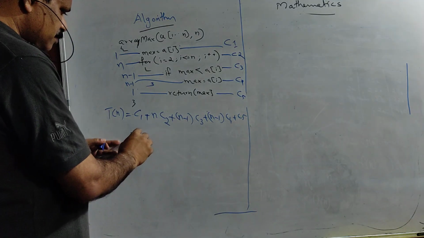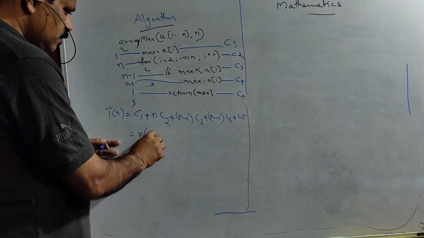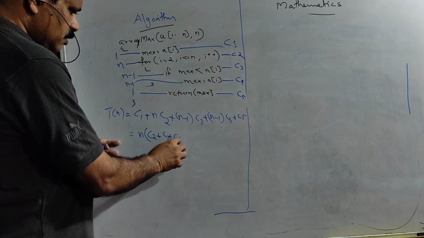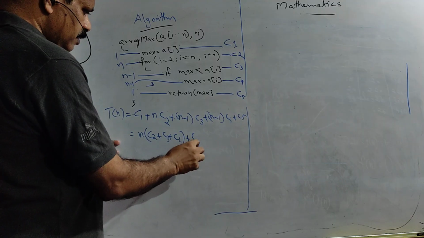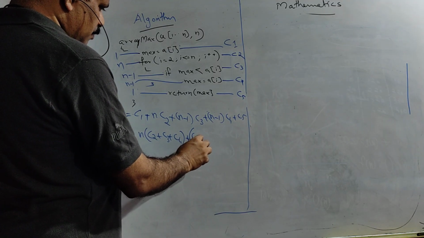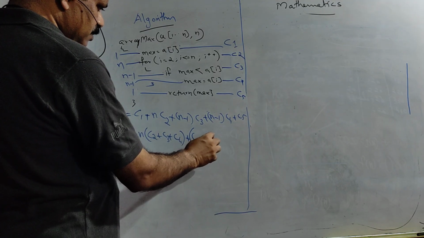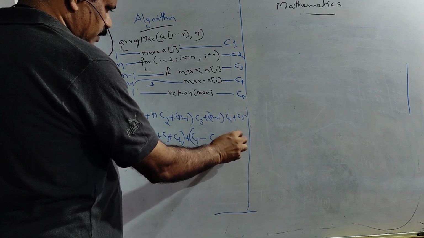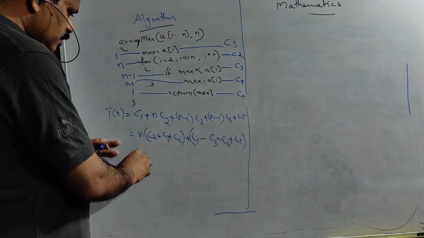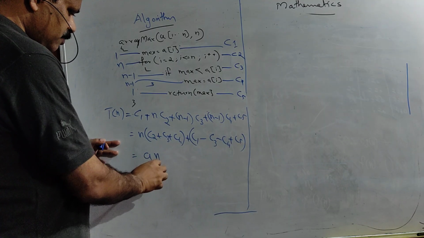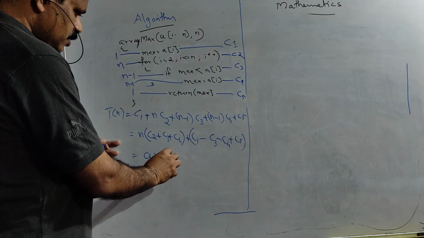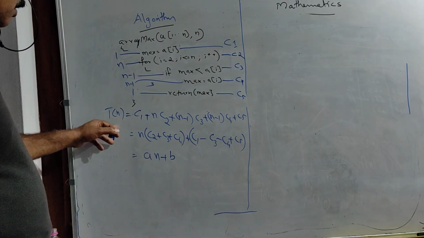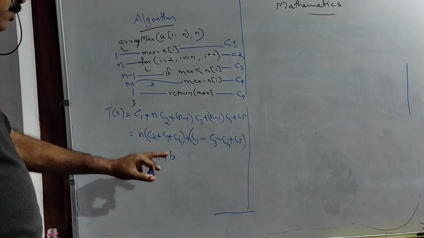We rearrange the terms. I will be getting n into (C2 plus C3 plus C4) plus (C1 minus C3 minus C4 plus C5). Now this is in the form of some constant a into n plus some constant b. Okay, so the execution time of this algorithm is in the form an plus b.